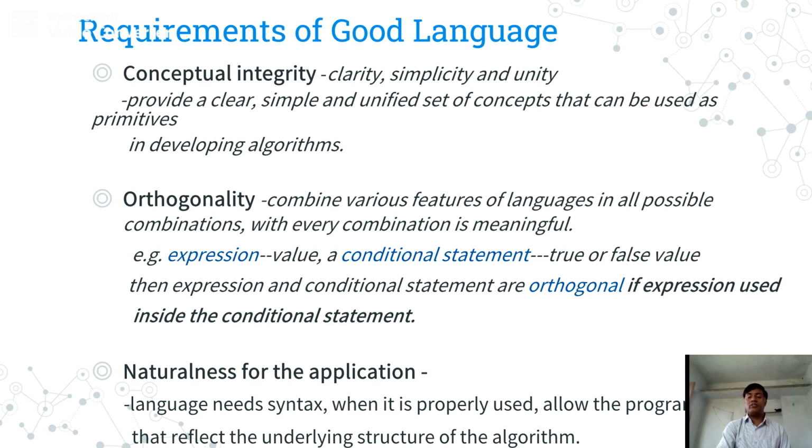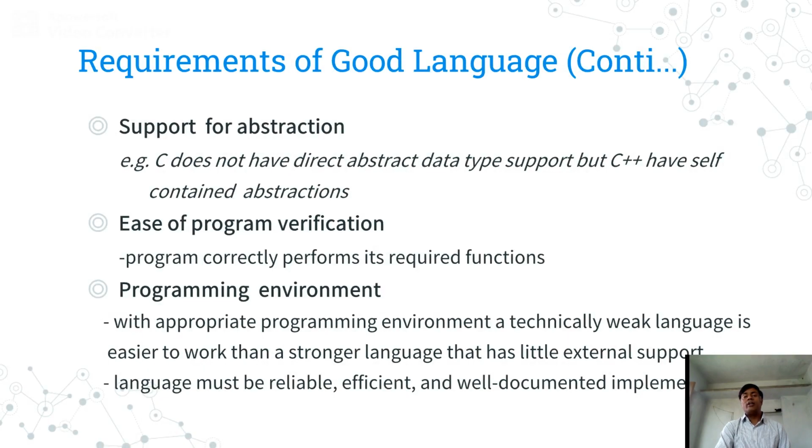The next criterion to make a good programming language is support for abstraction. Generally, C language does not have direct abstract data type support. You cannot use an abstract data type directly in C, but in C++ you have self-contained abstraction. That means you can use it.